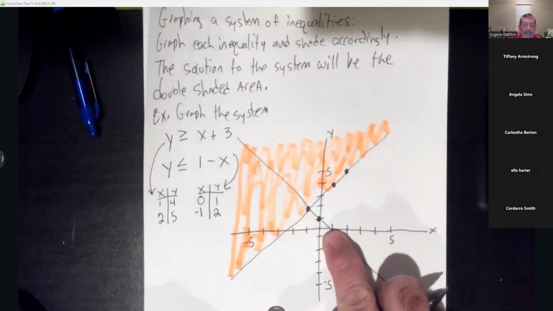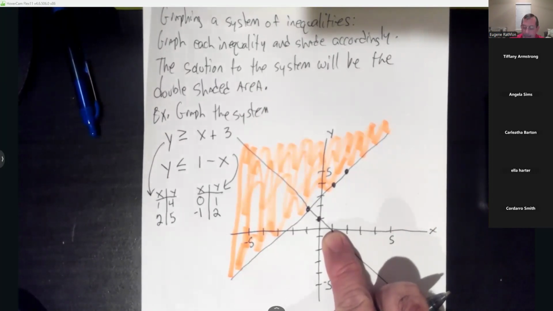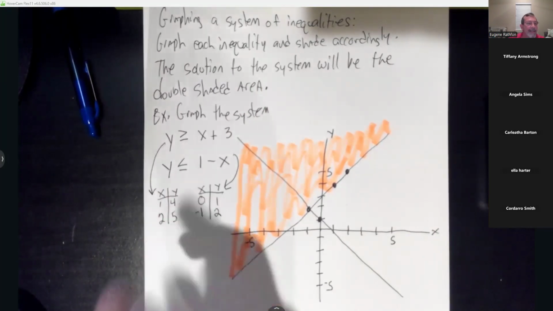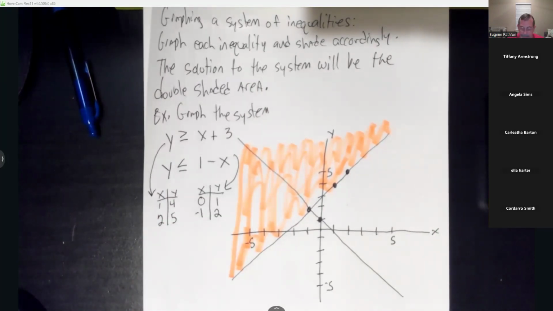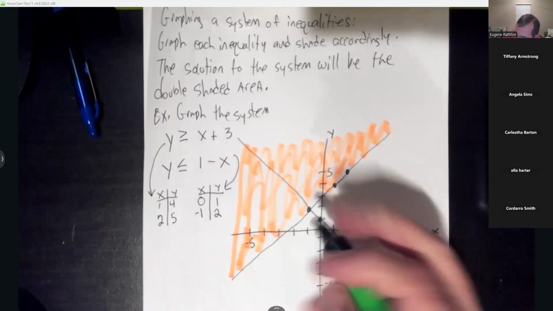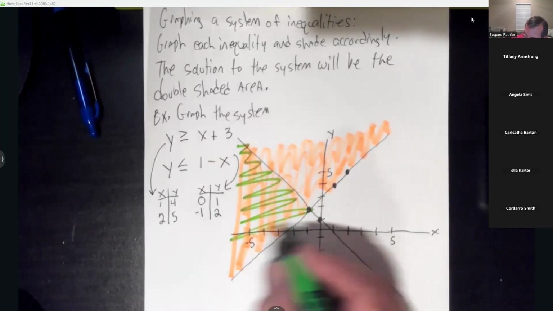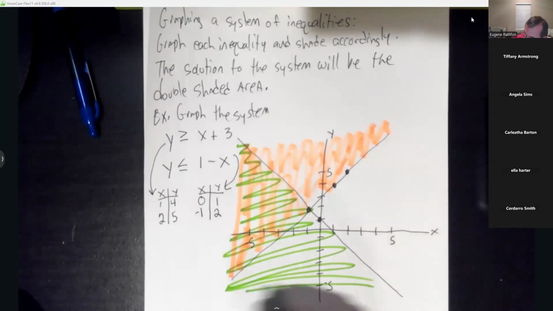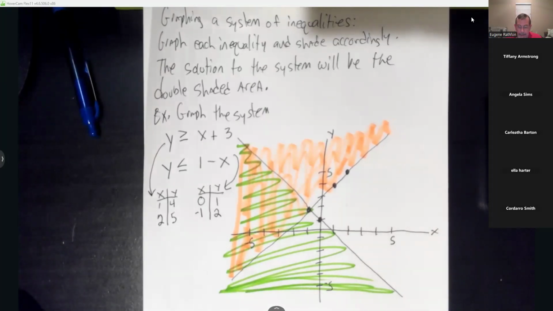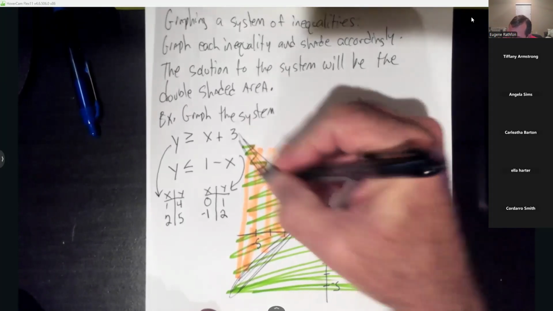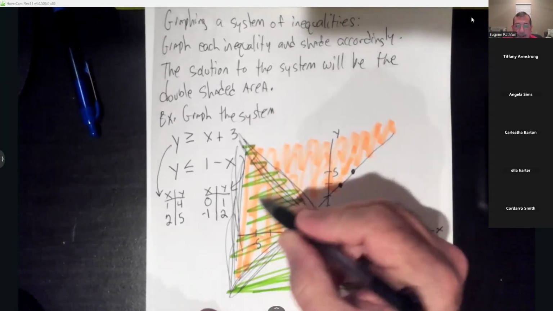Now this line, will I shade above or below? So let's see, that was y less than or equal to 1 minus x. All right, Carlithia, y'all saying below? So below would be this section. So y'all notice the solution would be the double shaded region right here.